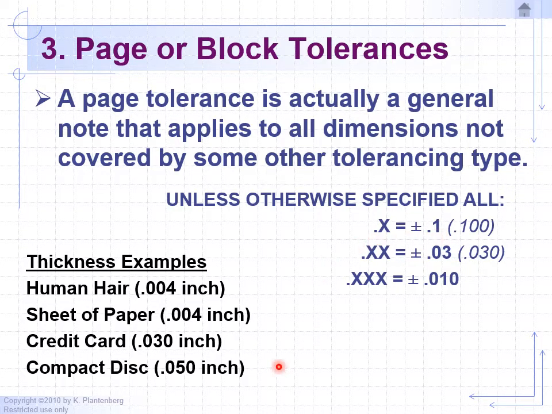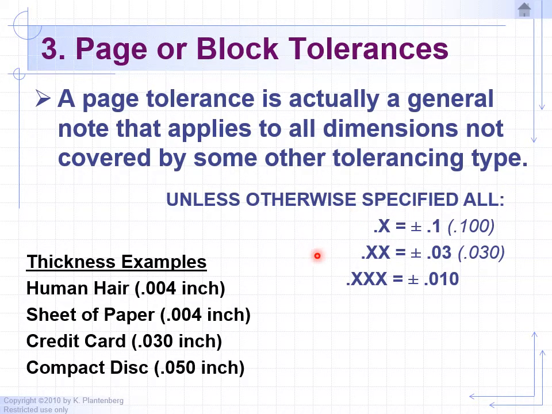And 0.1 inch is about 2 compact discs stacked together. So that's how much you're telling them they can be off by in each direction. So you're telling the machine shop it's going to be plus 0.1 minus 0.1. So add and then subtract 0.1 from 1 inch, and that'll give us anywhere from 1.1 down to 0.9 inches. So that's how much they can be off by.